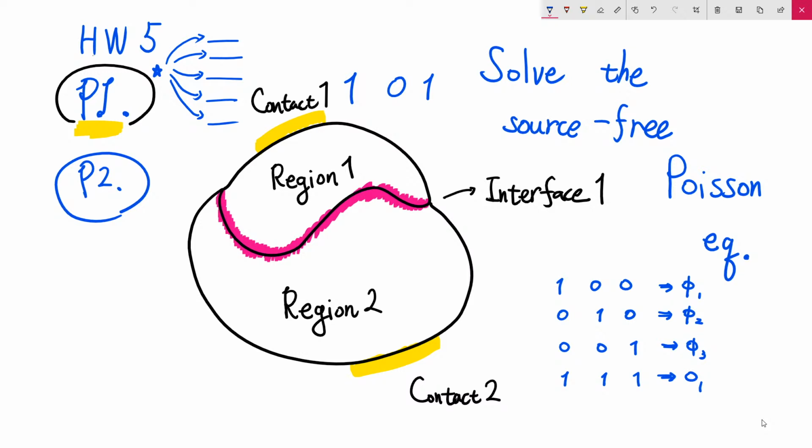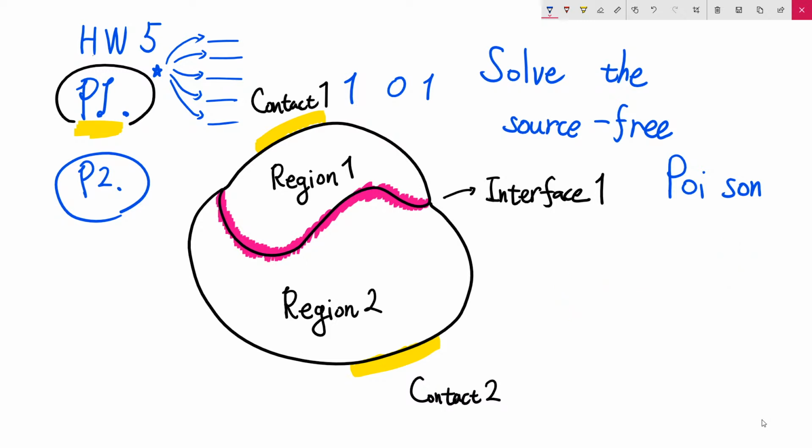Okay, I will explain a little more about real implementation, but first of all, that was the description of our problem 2. If you have any question on homework problem 2, please let me know.